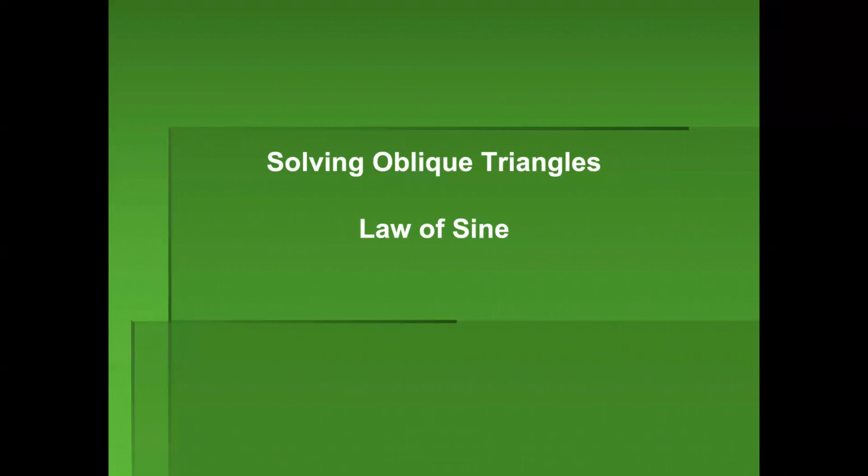When we say oblique triangles, we are referring to triangles which are either acute or obtuse. And one way of solving them is by using the law of sine.